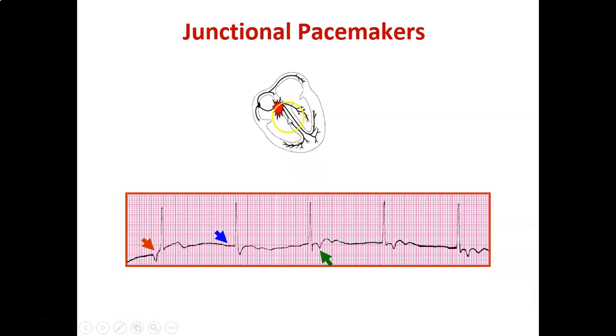And also the level of the ectopic focus. If it's the high part of the AV junction, you will get the inverted P wave before the QRS complex. If it's in the lower part of the AV junction, you will get the inverted P wave after the QRS complex. And if it's right in the middle of the AV node, you will not get the P wave at all, because here the atria and ventricles contract simultaneously.